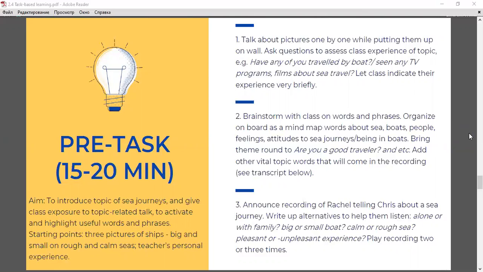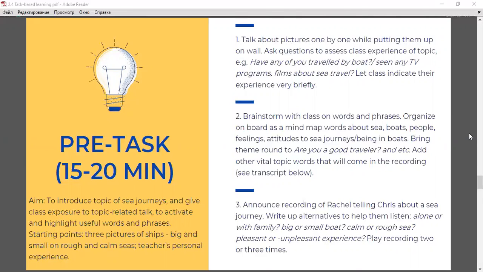Starting points are 3 pictures of ships, big and small, on rough and calm seas, and teacher's personal experience. The first example can be talking about the pictures one by one while putting them up on the wall, and we ask several questions. Students can also share their own experience very briefly.